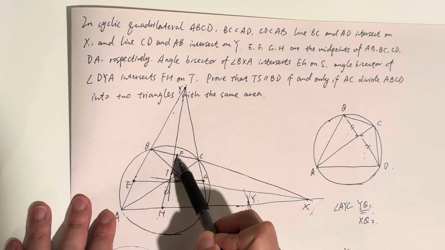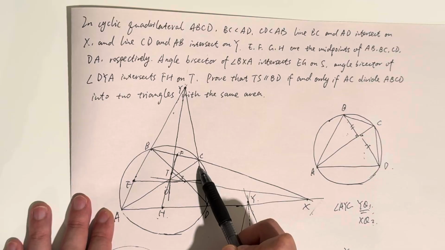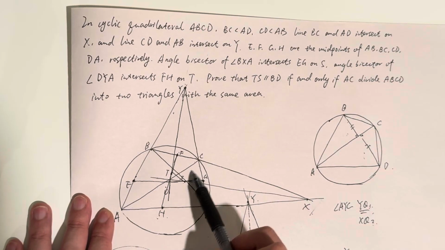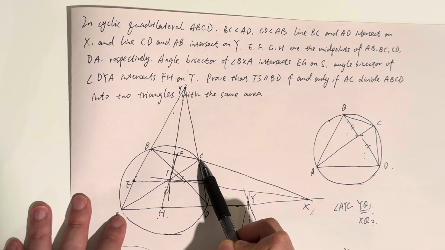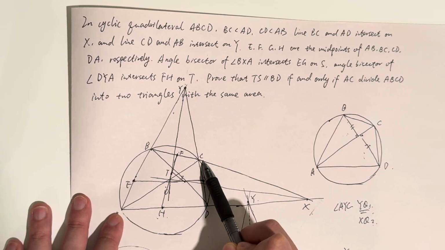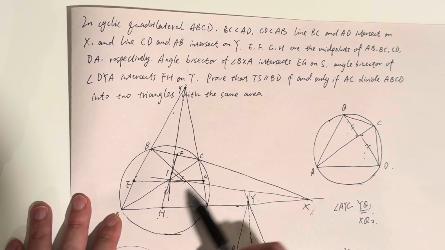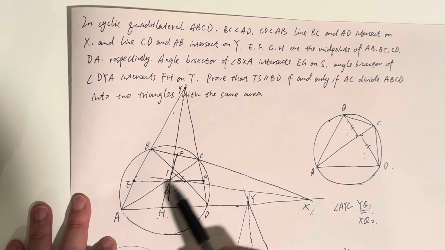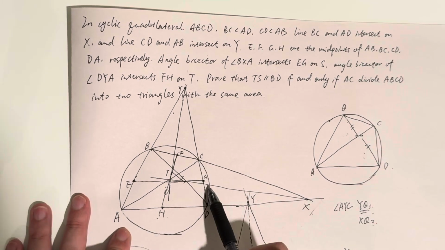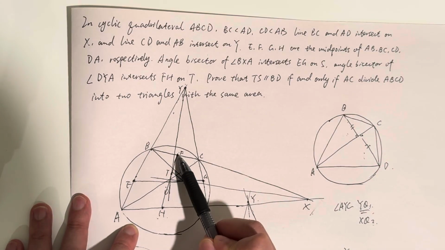So EF should be parallel with AC and equal to half of AC, and the distance from EF to AC would be half of the altitude from B to AC, right? Also, HG is parallel with AC and half of AC, which means that HG equals EF.